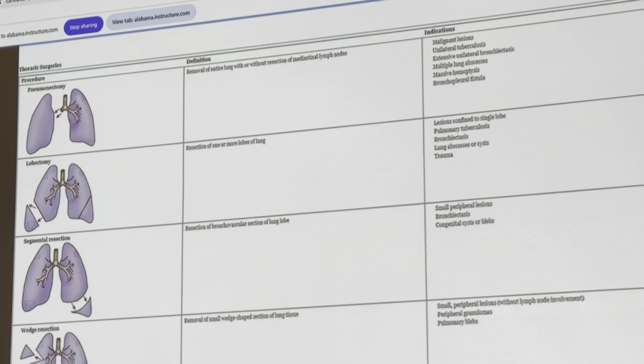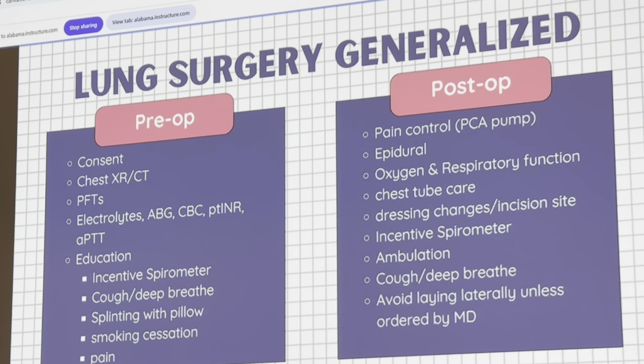Usually for these wedges, maybe I had some type of cancerous tumor, maybe some type of bleb, so it's just some kind of tissue that's been damaged within the pulmonary space, and I'm taking just that section out. Usually your pneumonectomies, it's going to be extensive cancer, extensive tumors. Sometimes like your cystic fibrosis patients, when they're doing a lung transplant, we'll take some out as well. Some different options out there.